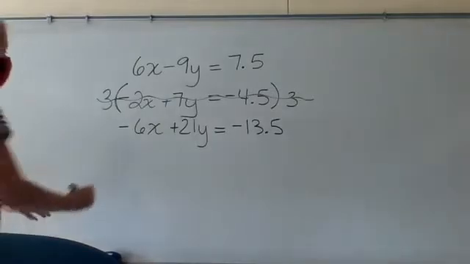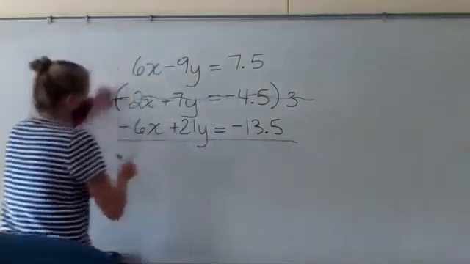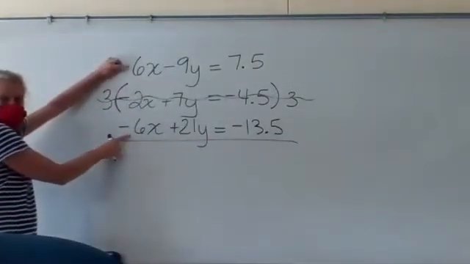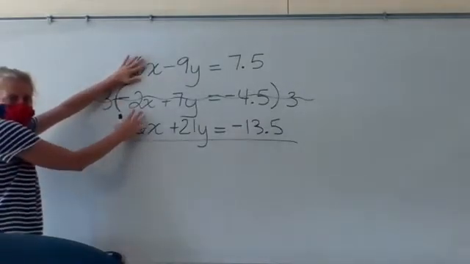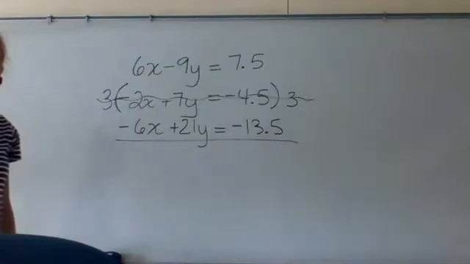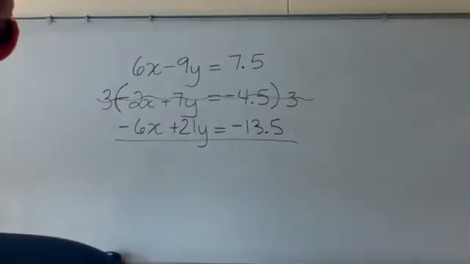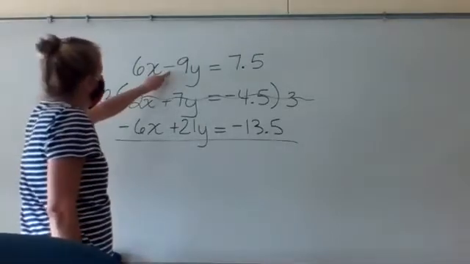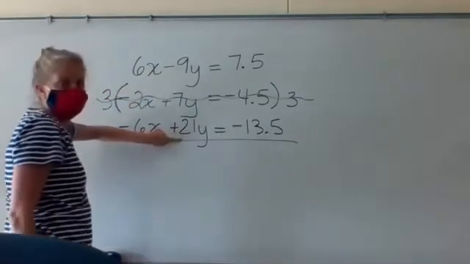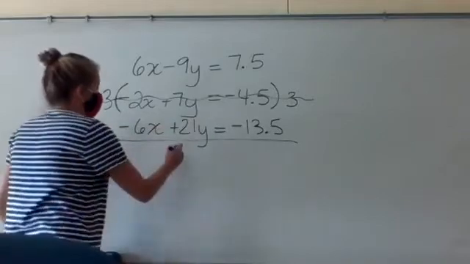So let's add together the remaining 2 equations that I have left. What's going to happen to these x's? I've got positive 6 and negative 6, so they're just going to cancel each other out. Moving on to my y's, I've got a negative 9 and a positive 21, which is going to give me 12y.